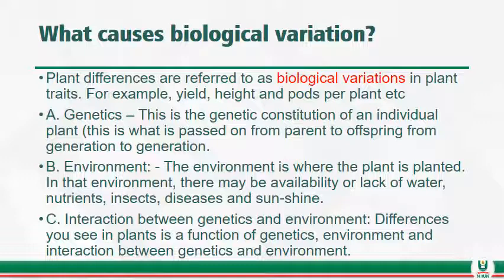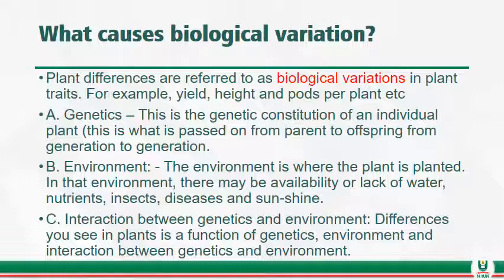So you are talking about the genetic constitution of an individual plant. That is what is passed from the parent to the offspring, from generation to generation. That's the first point. And also the environment, because sometimes you see a fruit here in Nigeria, you see how small and sweet and juicy it is, and then you get abroad, you see that it's very big, juicy as well, and sweet. Why is the difference like that?